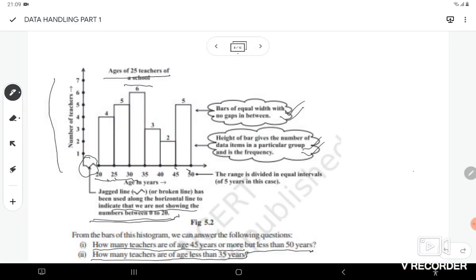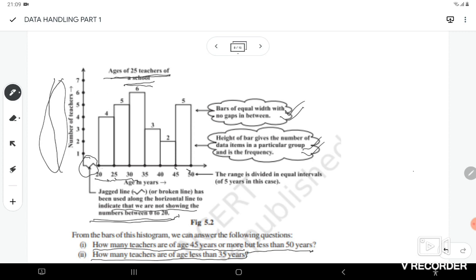Now there is a special type of histogram in which we ignore the initial part as it is not necessary. Let's see why the initial part is ignored. It says ages of 25 teachers of a school and number of teachers.